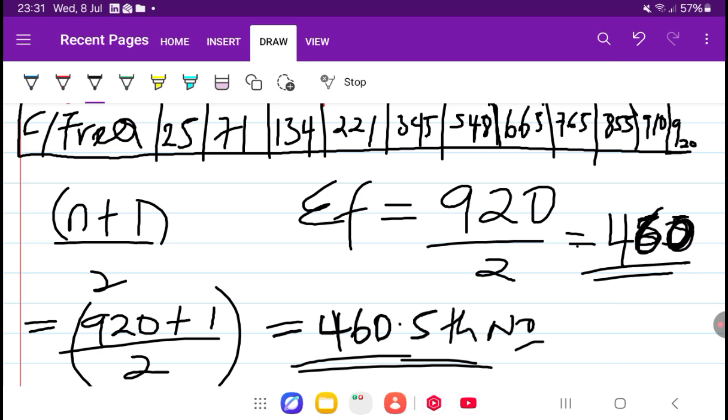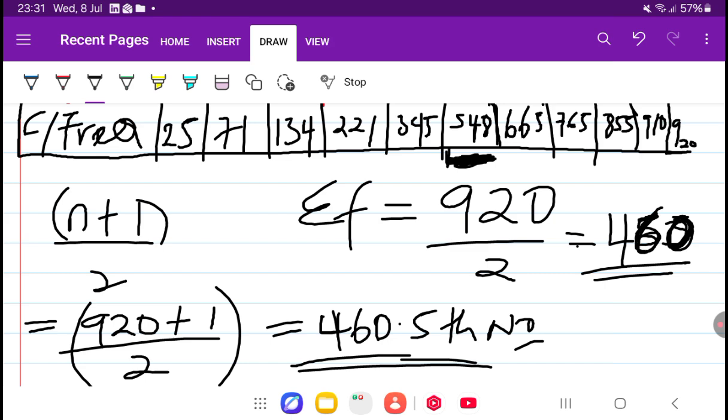So you are seeing that this 460, if you try to locate that value, because with these two methods of getting n, whether you use n over 2 or n plus 1 over 2, you'll find that it's around here, within this value.